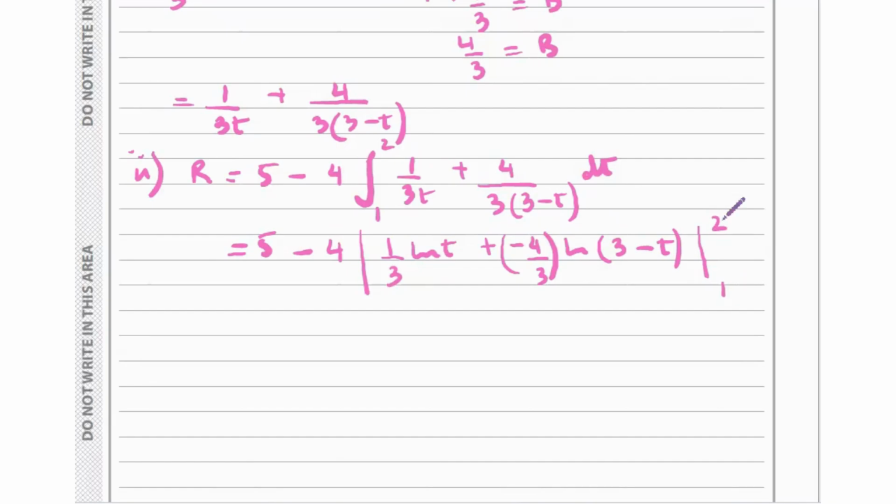The reason why 4 over 3 becomes negative is that we're differentiating the t in the bracket. So the derivative of negative t is negative 1. That's why we're multiplying negative 1 and 4 over 3. And the bracket then goes with ln.